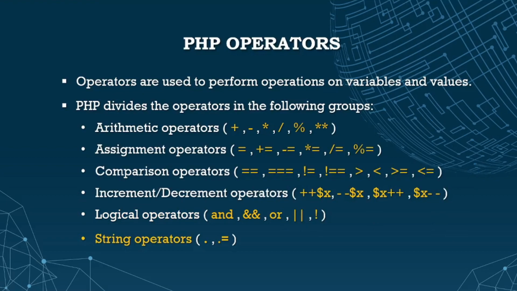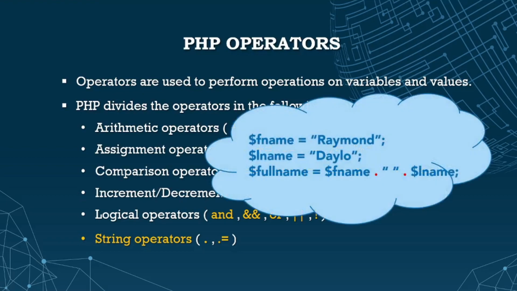Next, we have the string operators, which is the dot, yung period. Now, if we have this setup, we have the variable having a value of Raymond and the another variable having the value of Dilo, and we created another variable na kinakailangan natin magdikit sila or mag-join sila, magiging full name na.